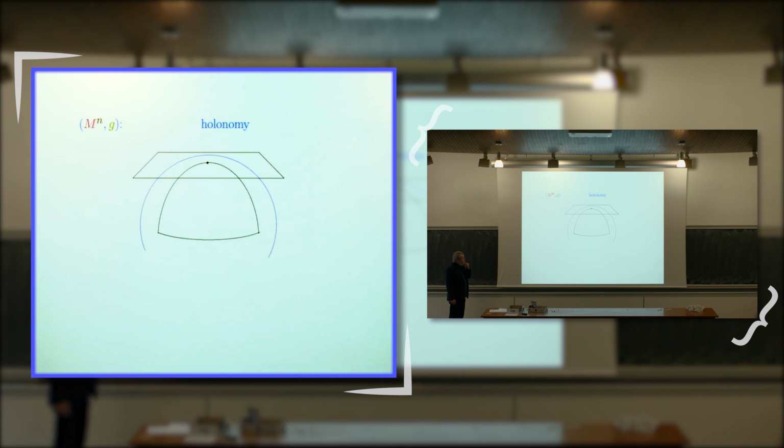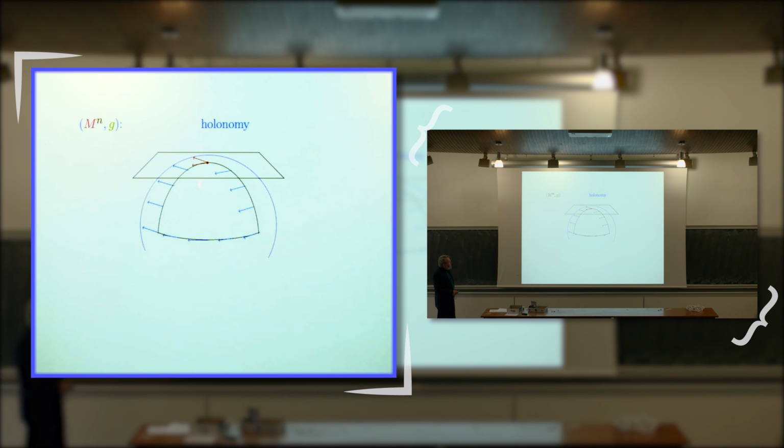Well, there's an important notion in Riemannian geometry, the holonomy group of a Riemannian manifold. If you choose a base point and look at any piecewise smooth loop, you can drag vectors around the loop, trying to keep them pointing in the same direction as you go along. What you'll find is that if the manifold is not flat, usually a vector will come back pointing in a different direction.